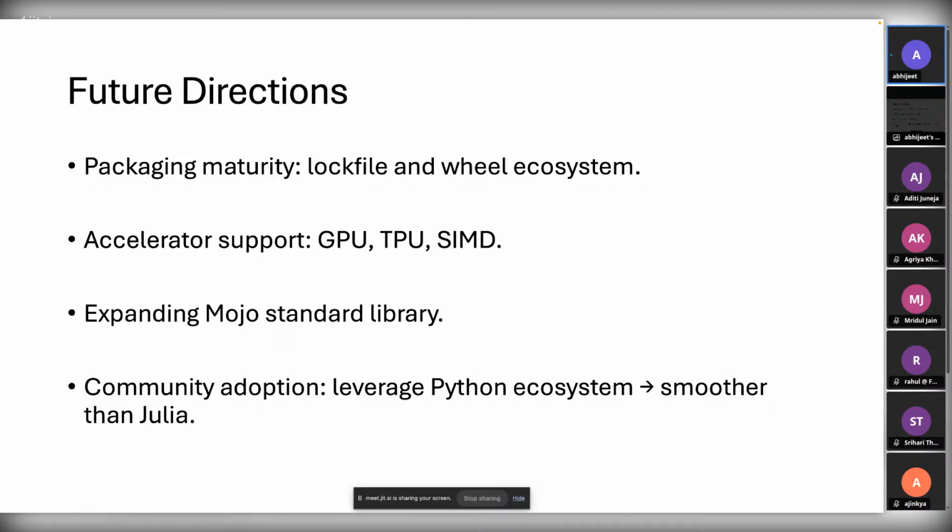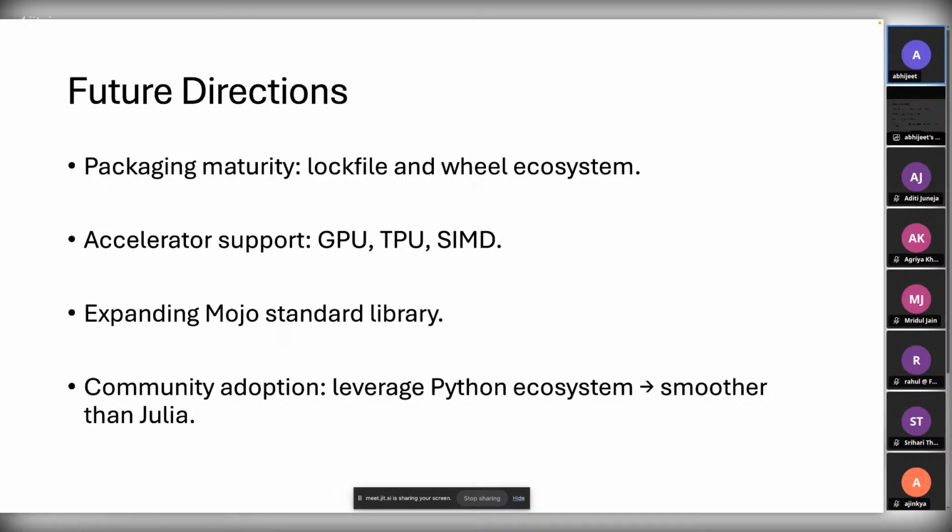Adoption: Julia showed the demand for performance in science, but struggled with ecosystem lock-in. Mojo's advantage is compatibility with Python, which could make adoption smoother in AI and scientific computing.